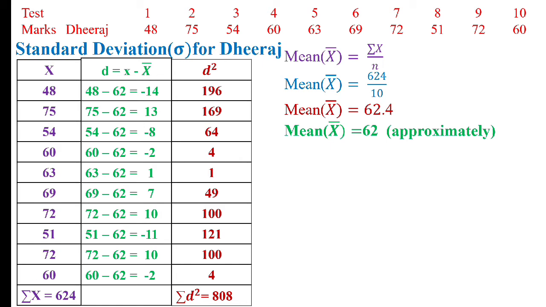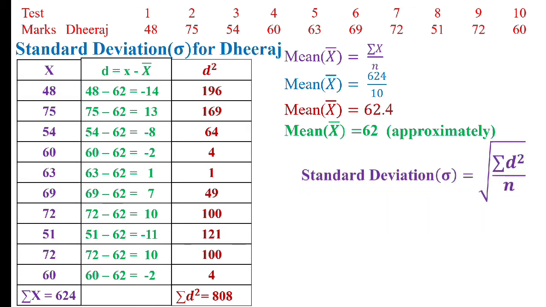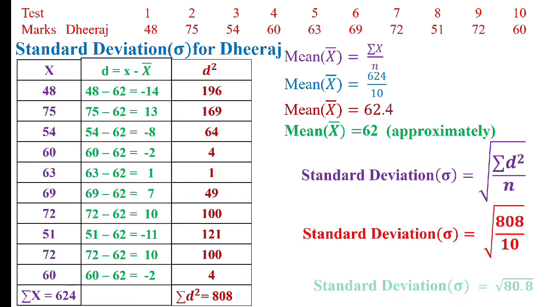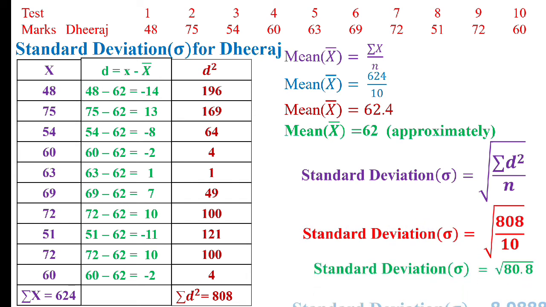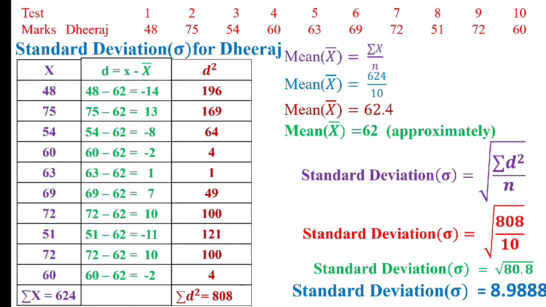The total of these values is 808. Now standard deviation is the square root of summation d square divided by n. 808 divided by 10 is 80.8. The square root of 80.8 is 8.988. Till here we found the standard deviation of Suraj and Dheeraj.